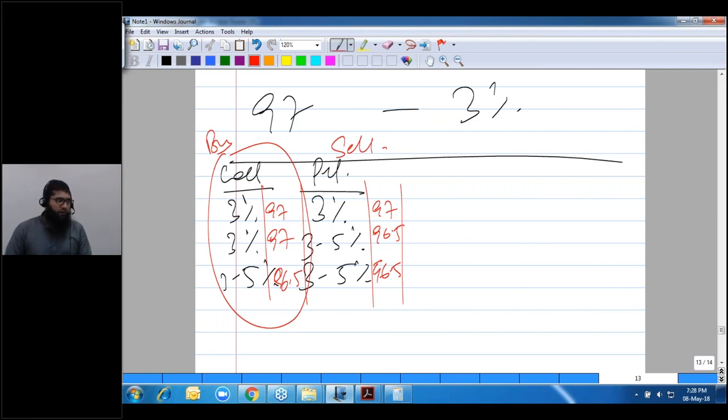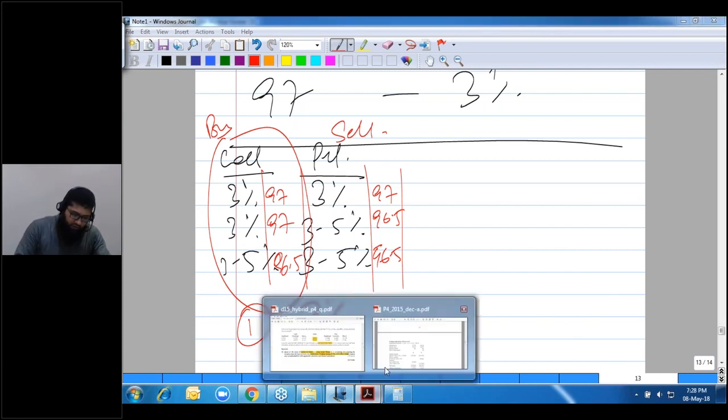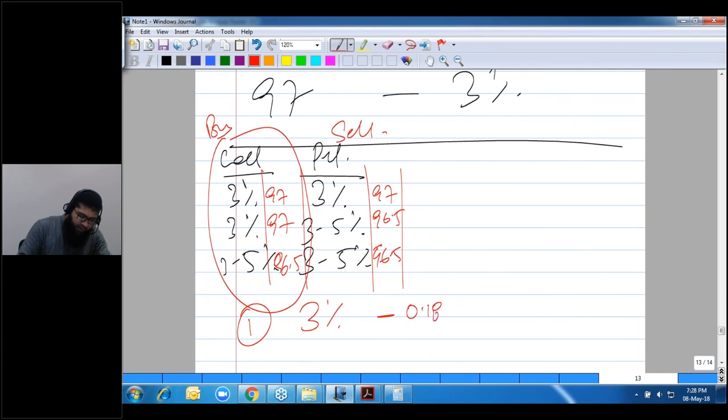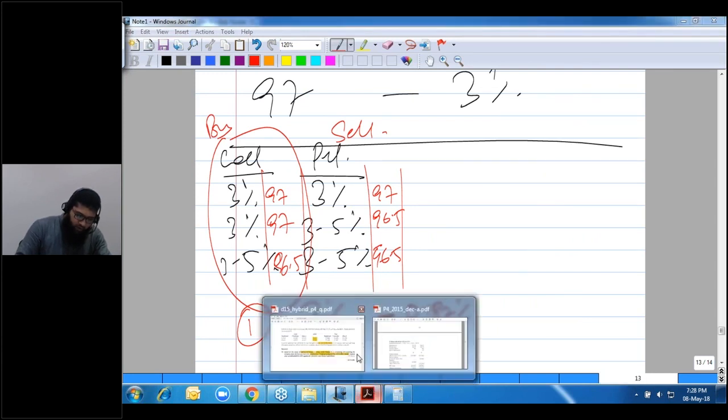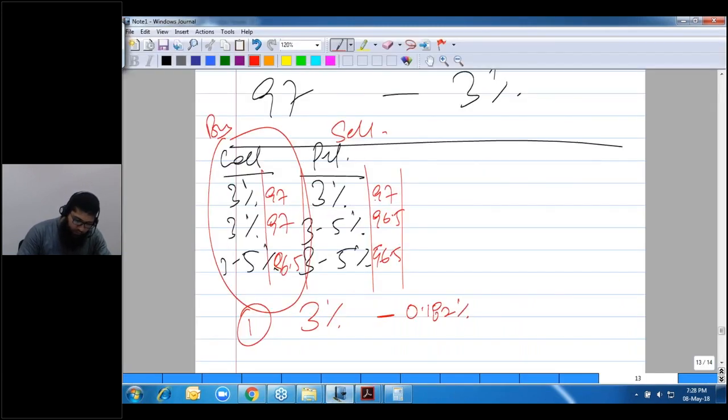So how do we perform the calculation? For combination number one, 3% is the interest that we will receive. We have bought a call of December, so we pay 0.182% interest. Sorry, my apologies, I made a mistake.